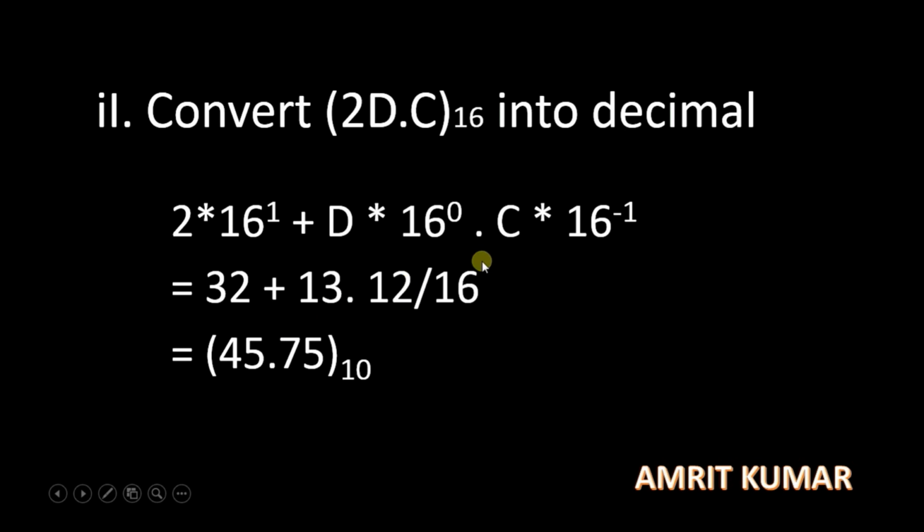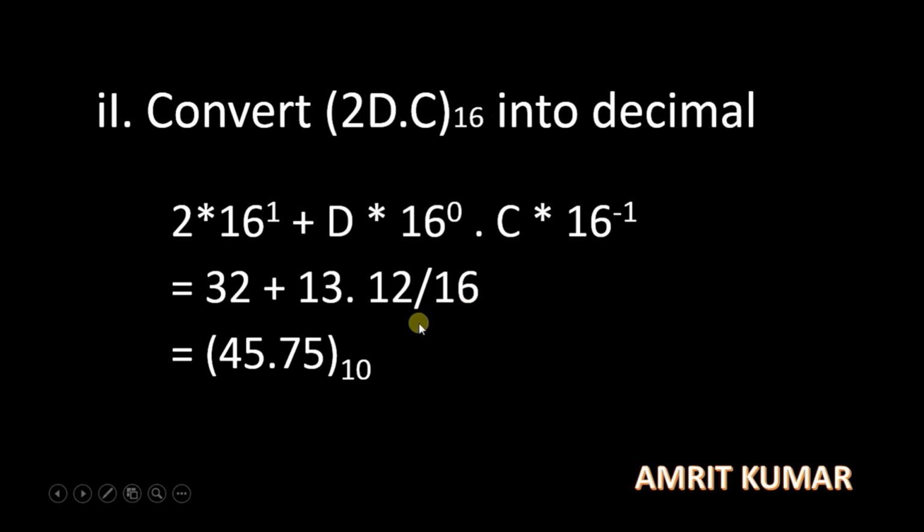After that I have used the concept of the decimal point: I multiply the value c with 16 to the power minus 1. So 16 to the power minus 1 is 1 by 16.